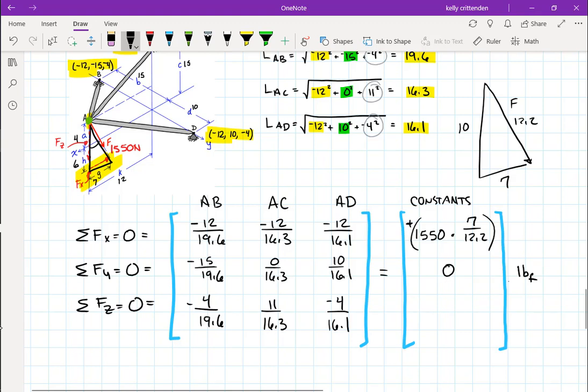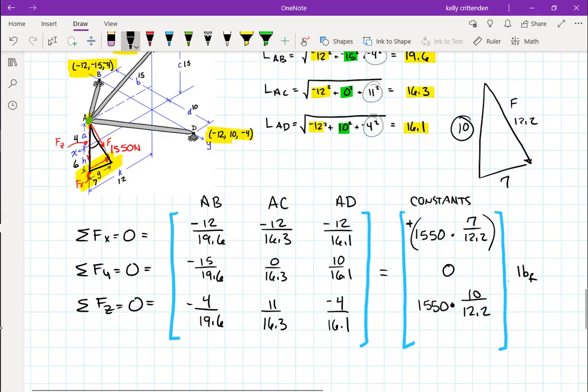There is a value here. It's negative when I'm adding the equation, but when I move it to the other side of the equal sign, it'll be positive, and it would just be 1550 times 10 over that hypotenuse 12.2. So that's just a number I could calculate. All of these are just numbers that I could calculate.